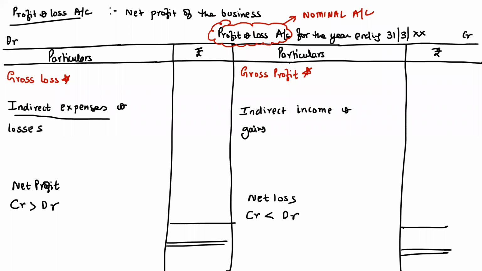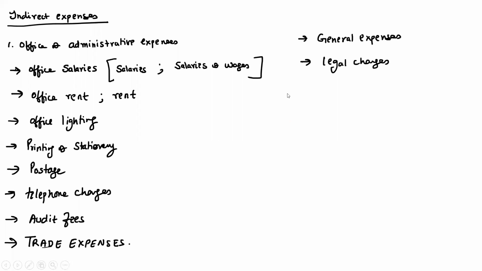Okay. So next are the items that will be shown on the credit side. What all comes on the credit side? On the credit side you have indirect income and gains.